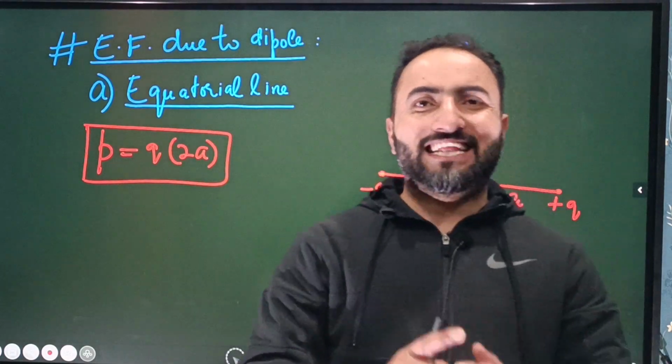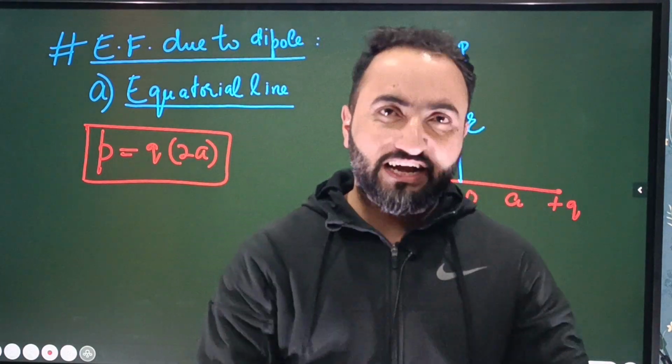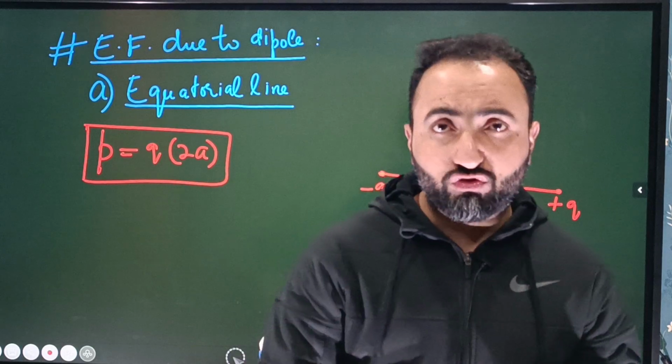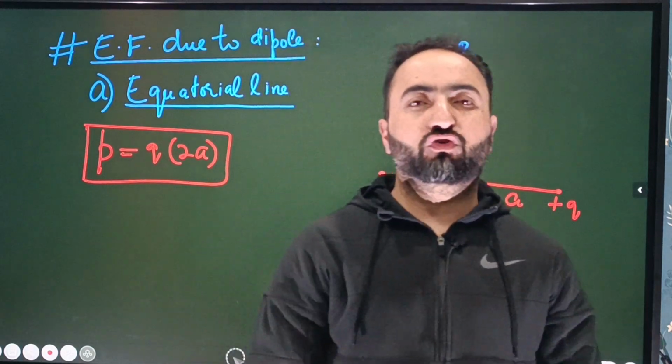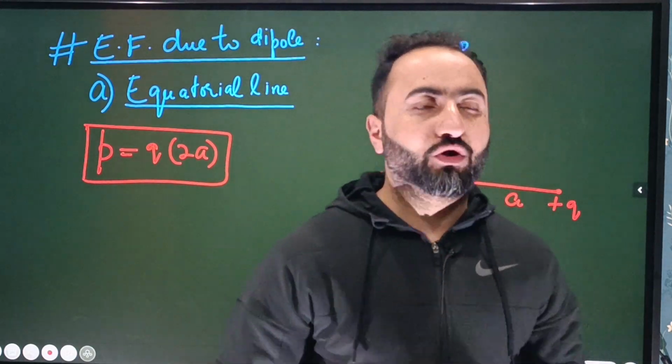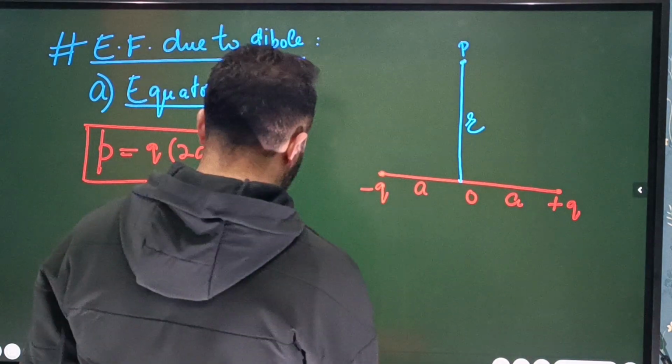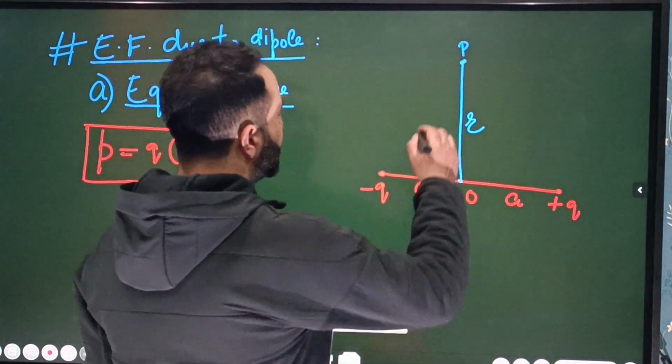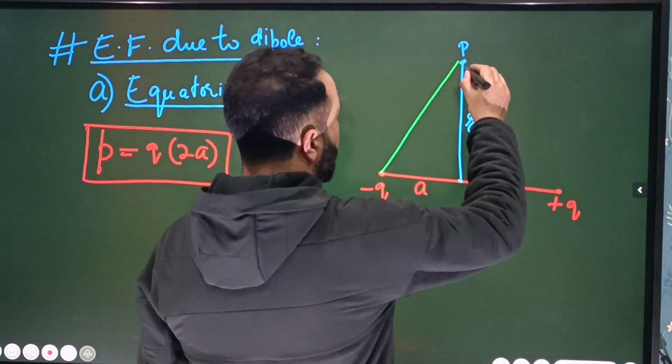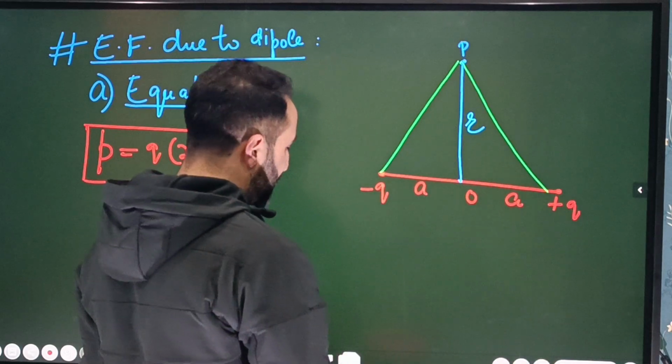Point number 3: the electrostatic field because of minus q will be attractive in nature, directed towards minus q, and the electrostatic field because of plus q will be repulsive in nature, directed away from plus q. Let me complete this triangle here. So we have completed this triangle.